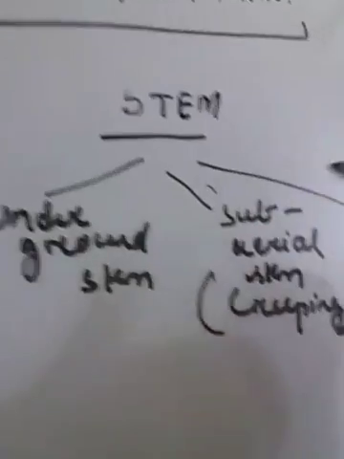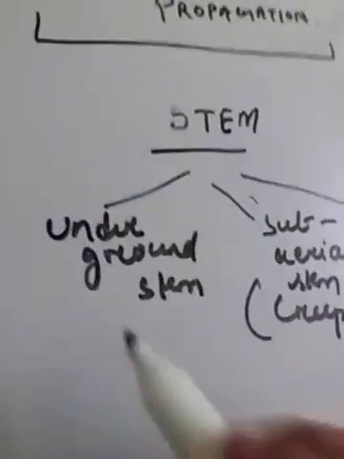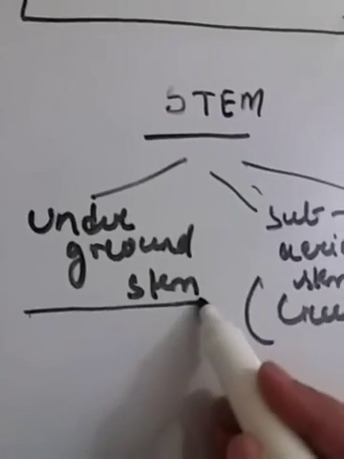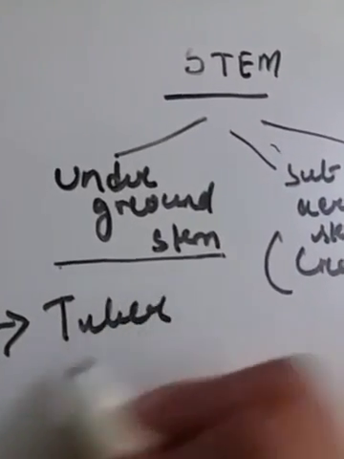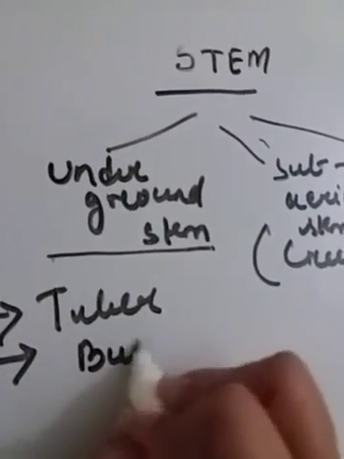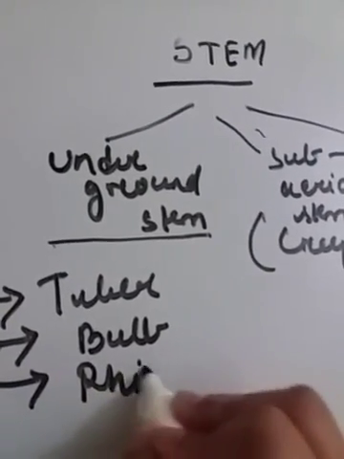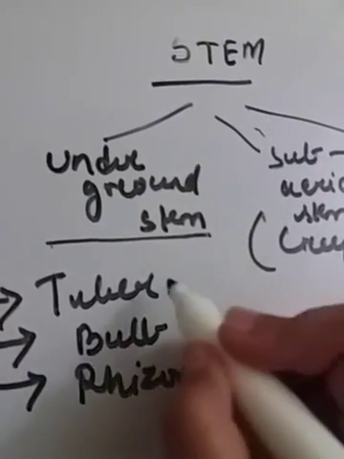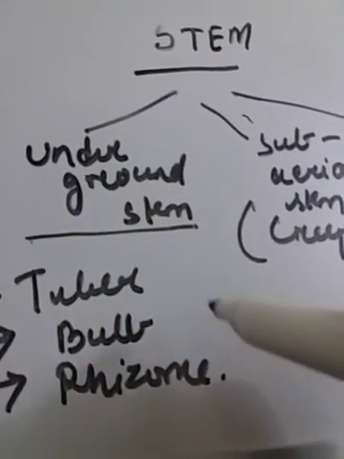So underground stem, subaerial stem and aerial stem. In underground stem, the examples are tuber, bulb and rhizome.